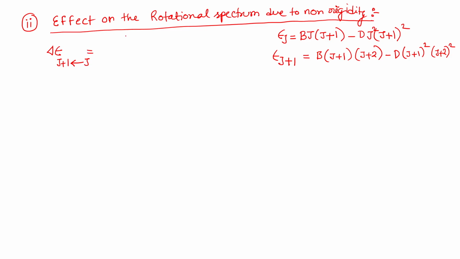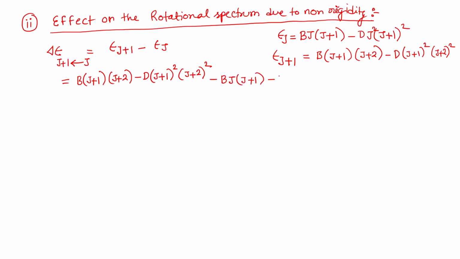So that is going to be Ej plus 1 minus Ej, right? So this is going to be B into J plus 1 into J plus 2 minus D into J plus 1 square into J plus 2 square, minus B into J into J plus 1 minus D into J square into J plus 1 square. Actually this is going to be plus, right?